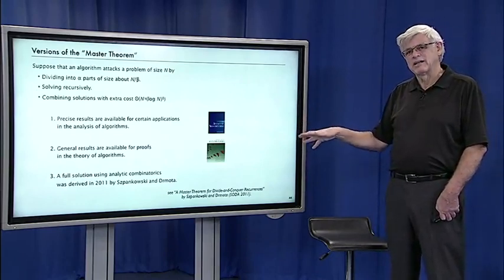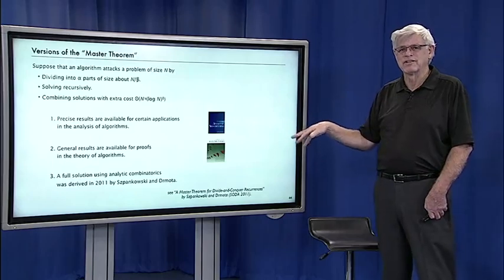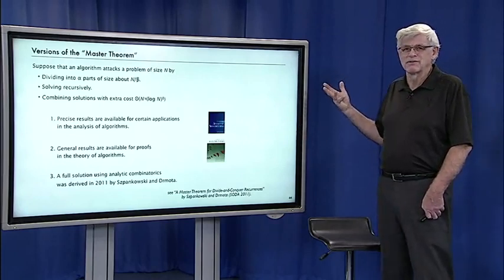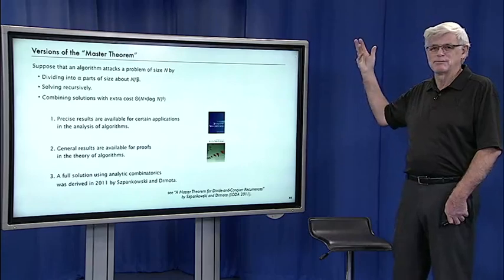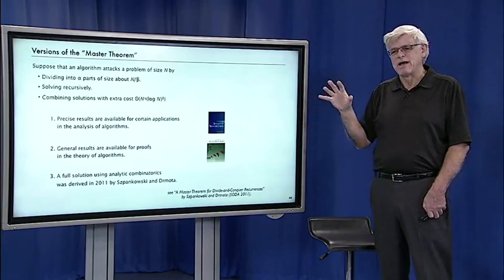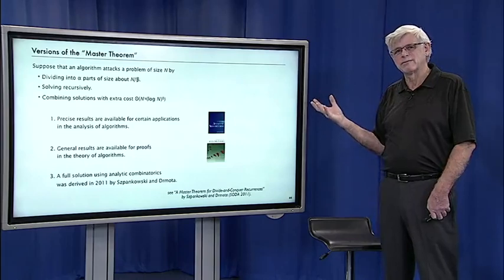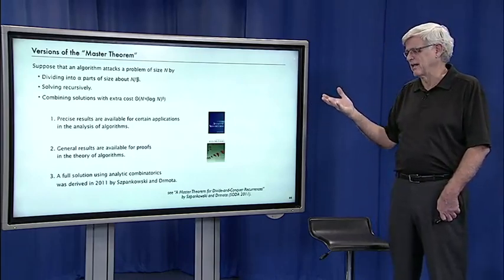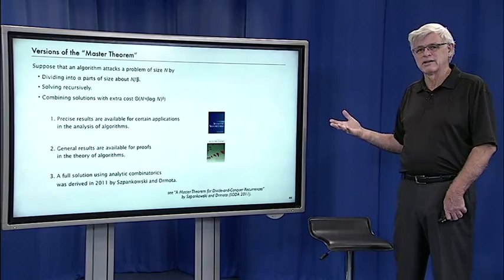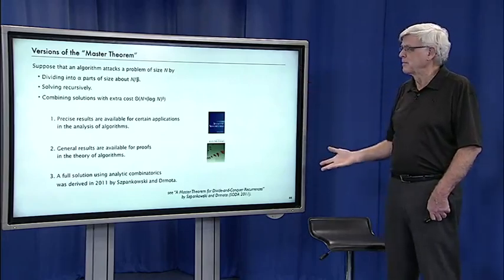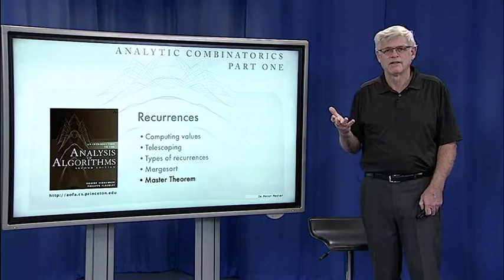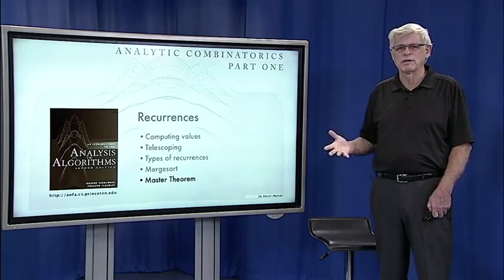Really appreciating how and why this solution works is going to require everything that we cover in analytic combinatorics, including part 2. But people will have some idea for how the mathematics manages to model what actually happens in the computer algorithm, and this is an important contribution of analytic combinatorics. So that's the Master Theorem for studying divide and conquer algorithms, and that completes our study of recurrence relations.